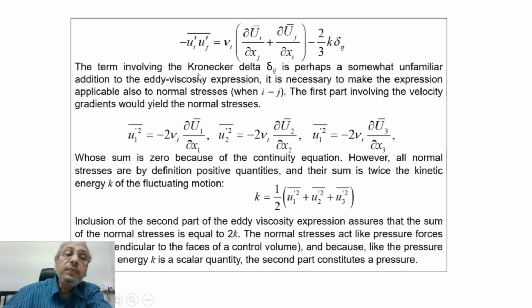The term involving the Kronecker delta ij is perhaps a somewhat unfamiliar addition to the eddy viscosity expression. It is necessary to make the expression applicable also to normal stresses, when i equals j.